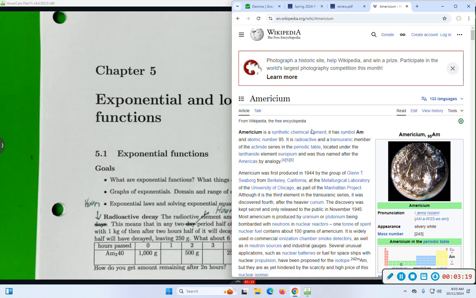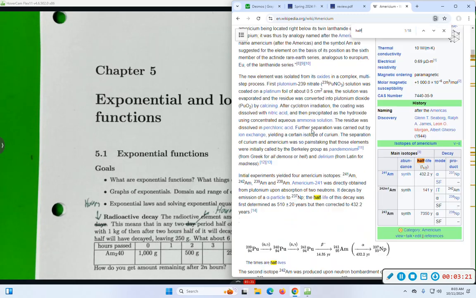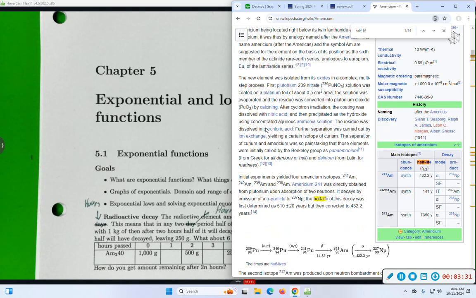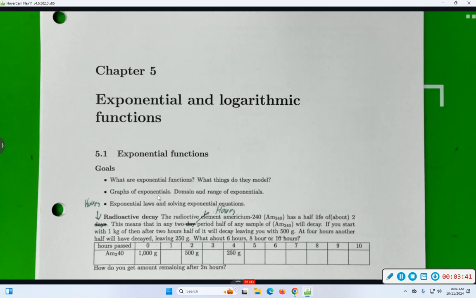This should have something. Oh, come on. I've got to have half-life on this page. 241. Those are really long. I might be wrong. That's okay. I'm not a chemist. This isn't a chemistry class. Let's take that 2 hours as law, because the notes are built around it.